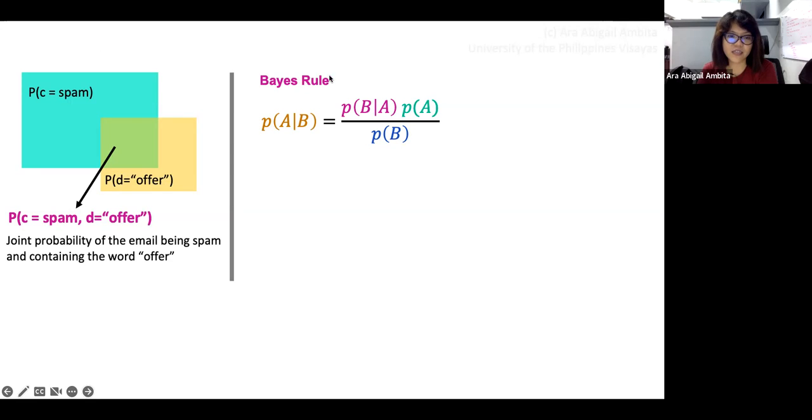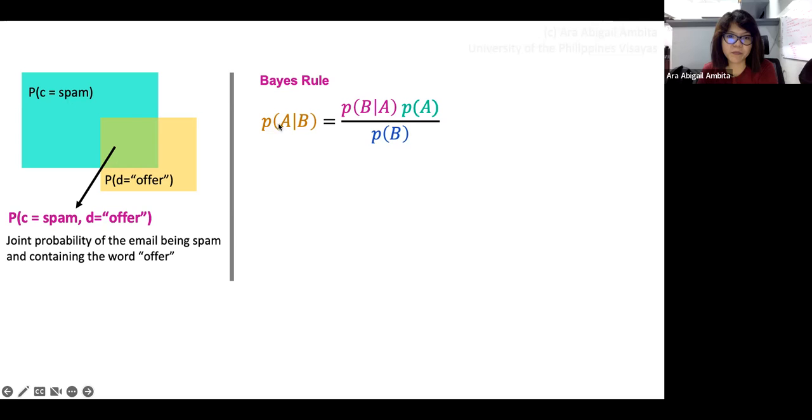I already discussed the Bayes rule in the previous video, wherein the probability of A given B is equivalent to the probability of B given A times P of A divided by P of B.